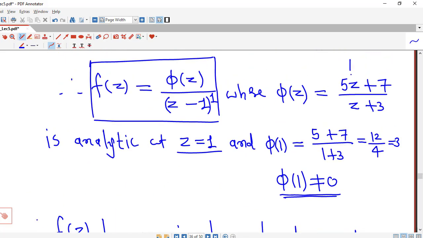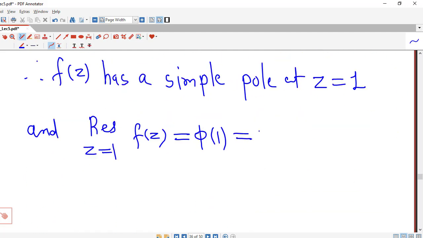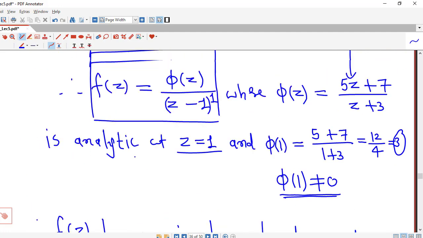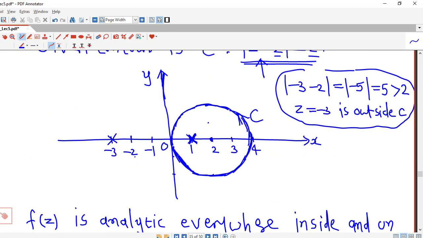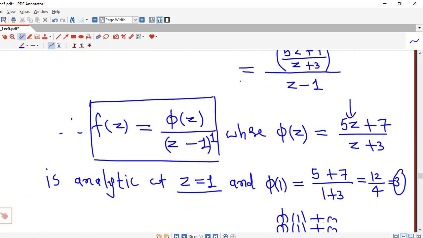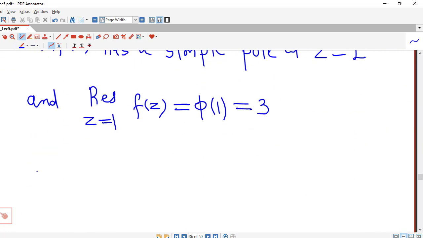Here we put z equal to 1 and we obtain phi of 1 equal to 3. So this is the residue of f of z at z equal to 1, and z equal to 1 is the only singularity of f of z which is inside this simple closed contour. So now we can apply Cauchy's residue theorem.